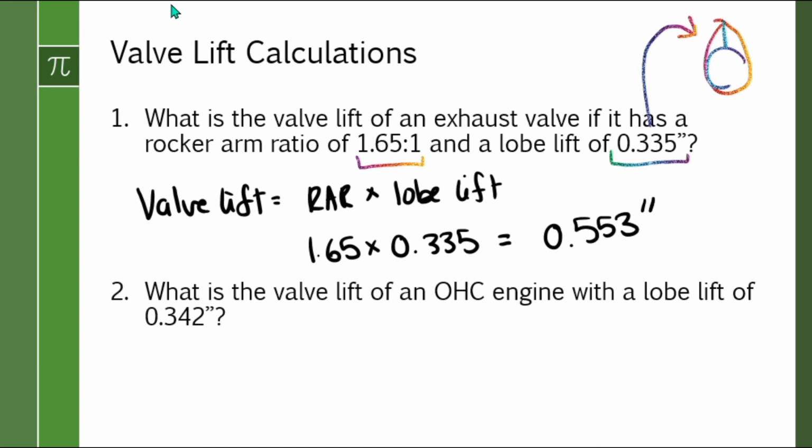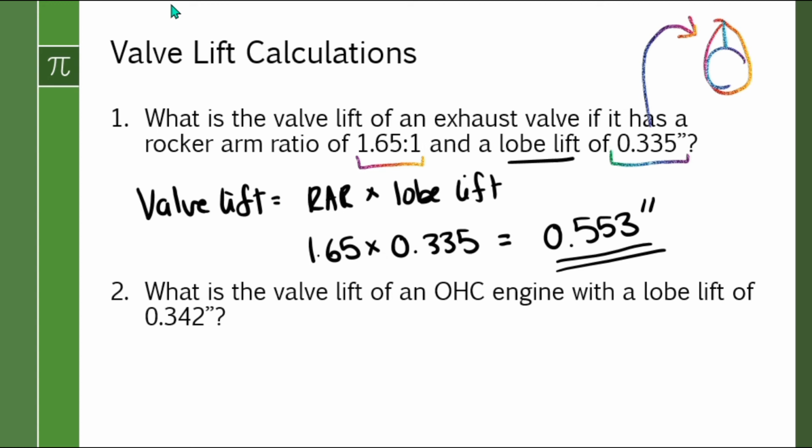That gives 0.553 inches. So even though our lobe lifts 0.335 inches, because of that advantage given by the rocker arm ratio, our valve is going to lift more. It's going to lift 0.553 inches.